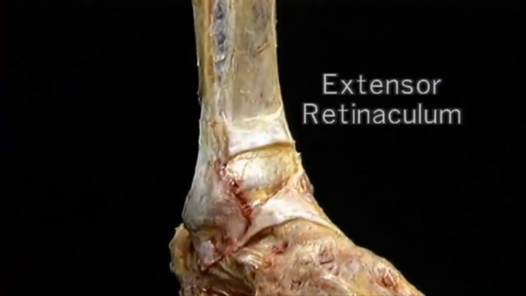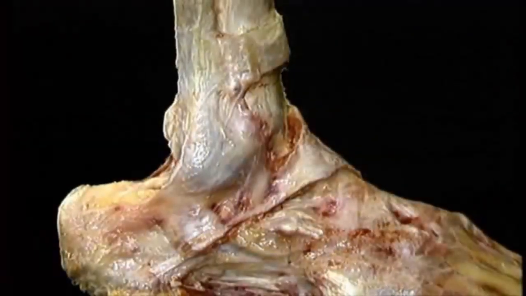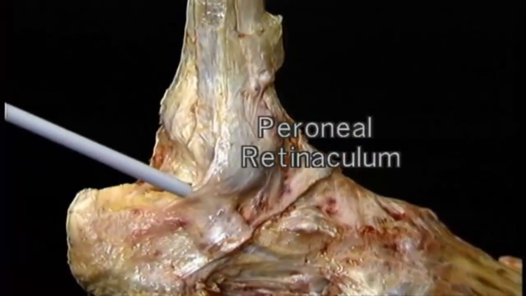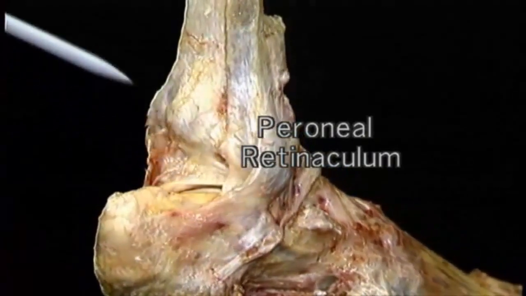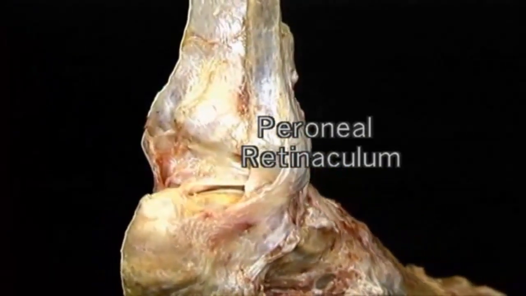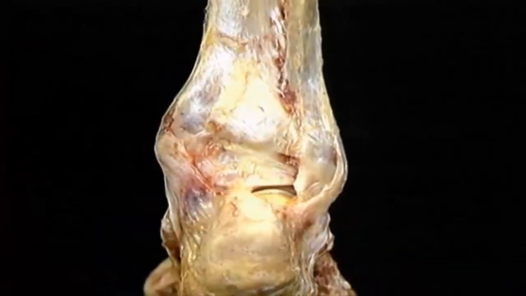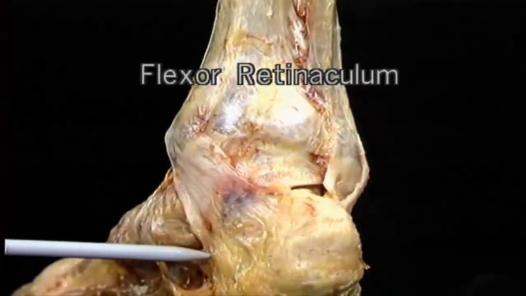4 tendons, a nerve and an artery pass under the extensor retinaculum. On the lateral aspect, behind the malleolus, here's the peroneal retinaculum. It accommodates the tendons of 2 peroneal muscles as they pass around the lateral malleolus. On the medial side, the flexor retinaculum fans out from the back of the medial malleolus.